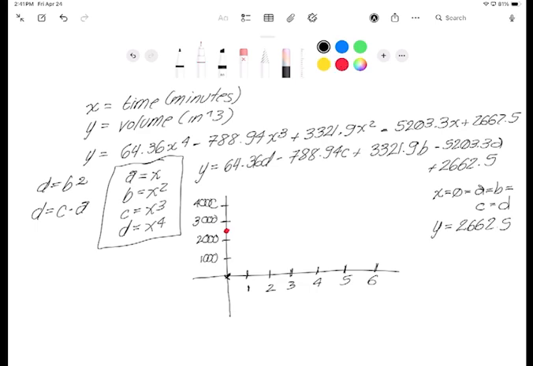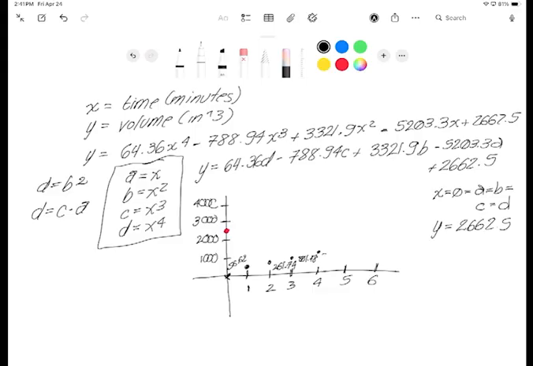So now for the other ones. At 1, it's 56.62. At 2, it's 261.74. At 3, it's 861.48.